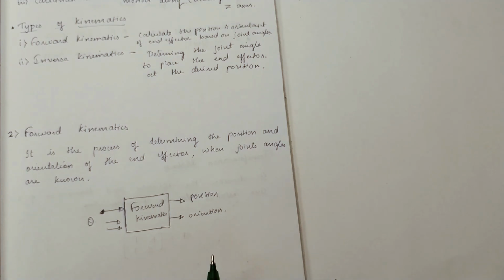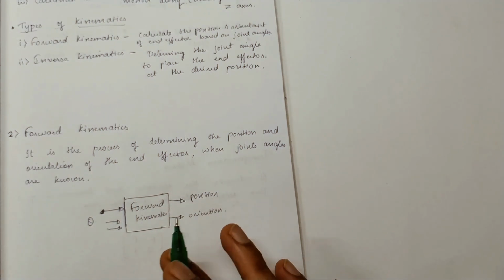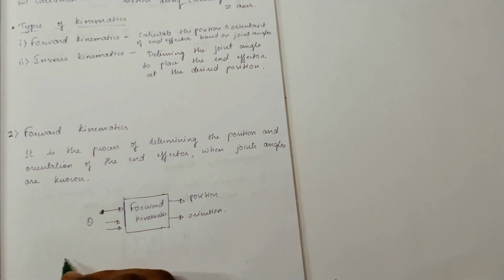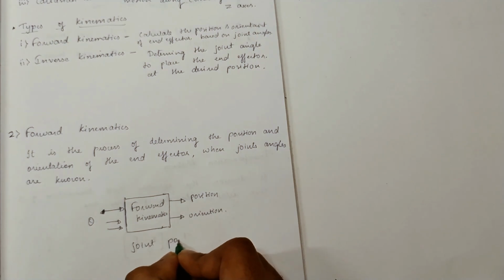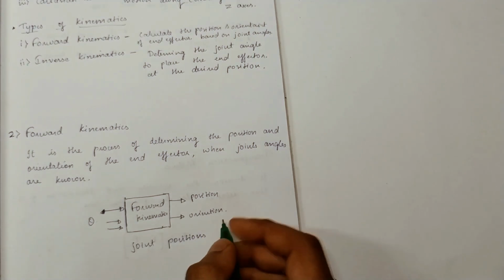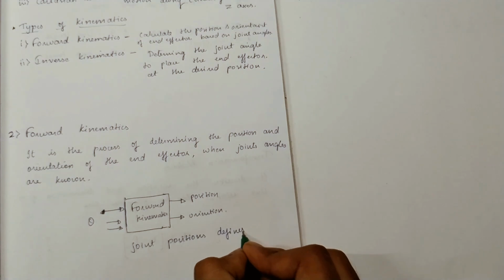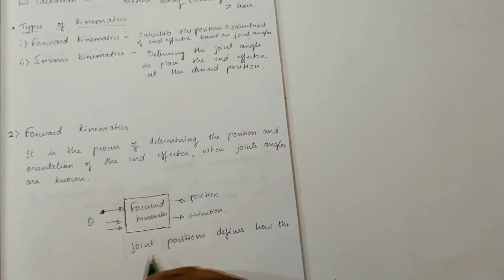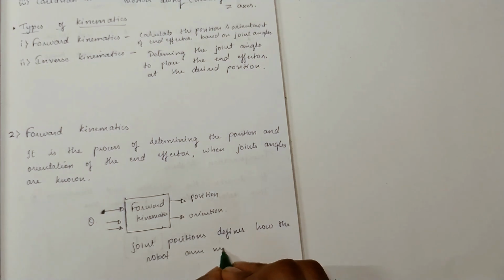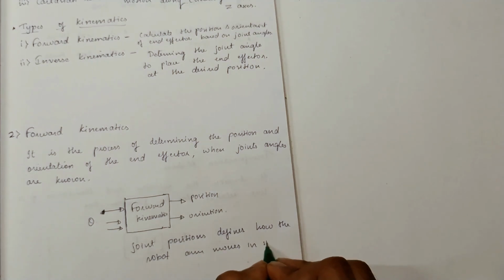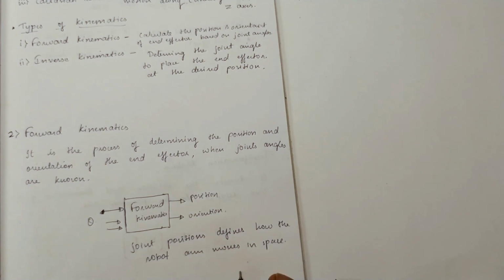In a robotic arm, each joint's position defines how the arm moves in space, and the overall motion is the combination of all the joint contributions. Joint positions define how the robot arm moves in space. That is the workspace of the robotic arm.